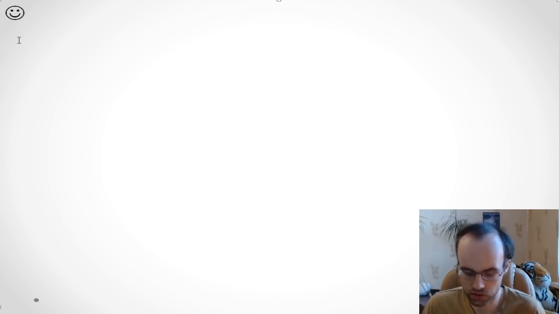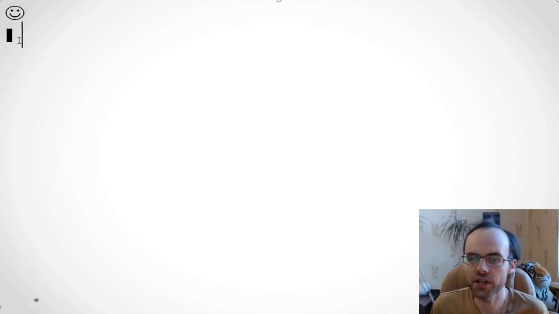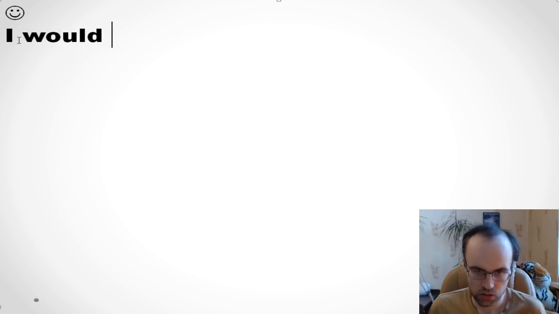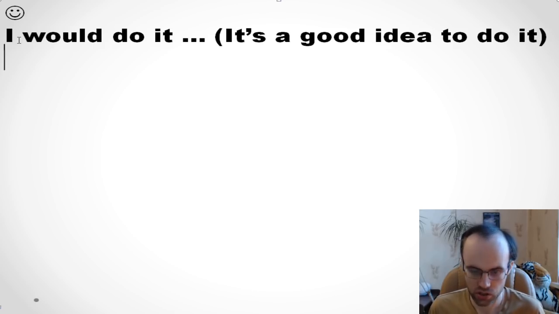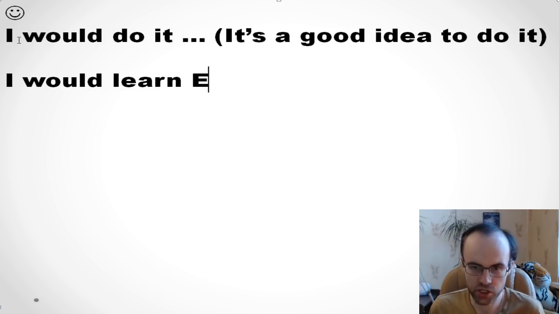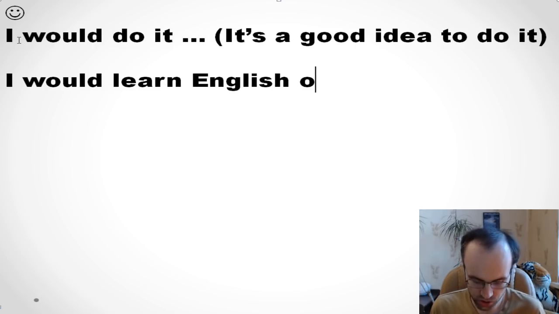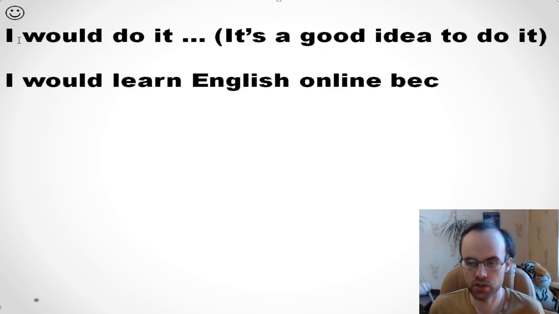But there is one more thing I want to tell you. It's about would. You know that you can say I'd like to. Okay, it's easy. But if you say I would do it, it means that it's a good idea to do it. I would learn English online because it's cheaper and it's also very effective.